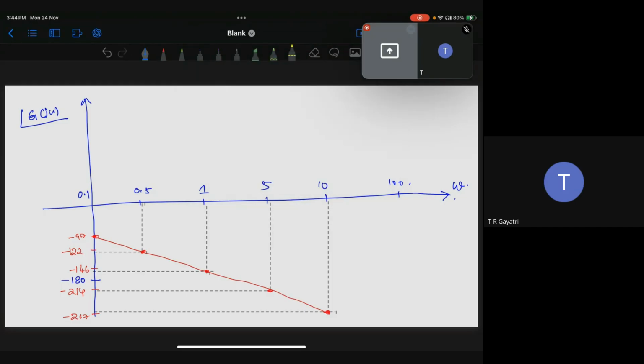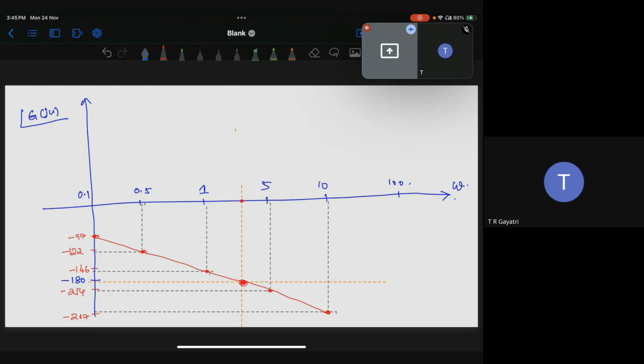You should see at which point that is intersecting. Yeah, this one.